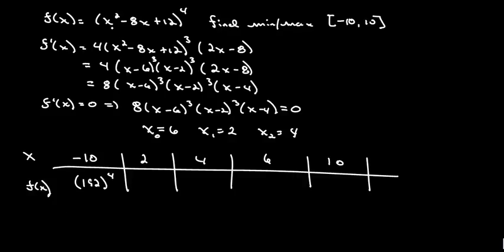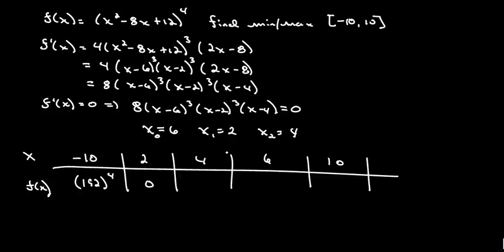So if I take 2 and I plug it in here, I'm going to get 4 minus 16, which is negative 12, and plus 12, that gives me 0. So this would be 0 to the 4th, or just 0.